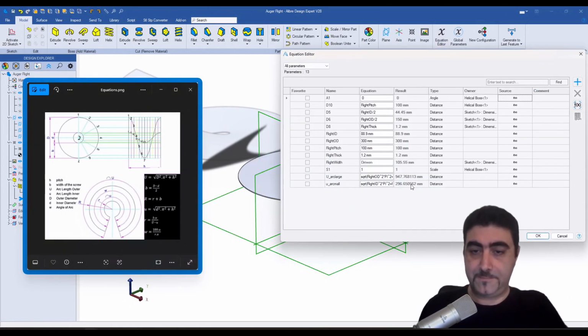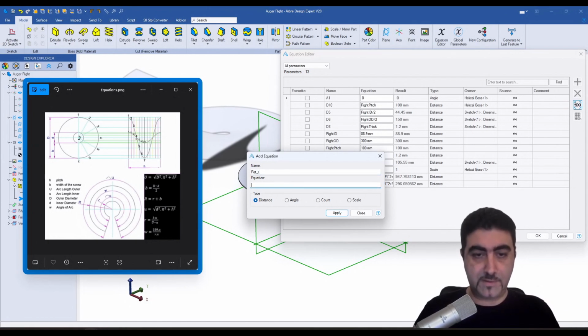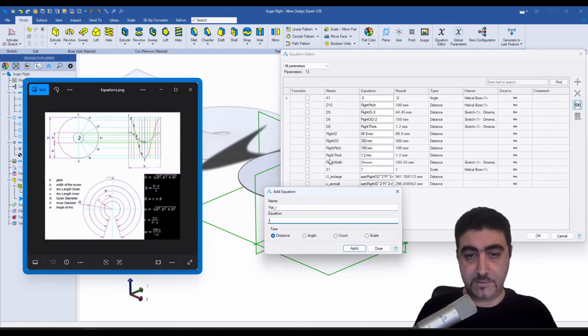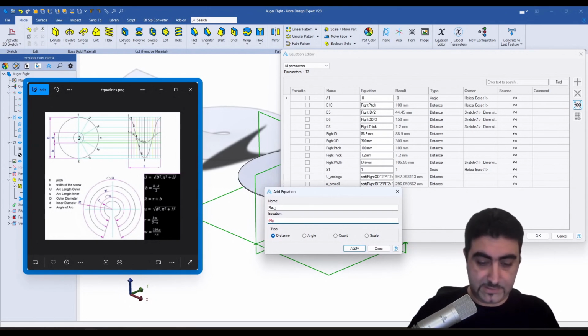So let's do that. So flat r is the width, right? So we're starting a parenthesis here. The width is that driven dimension we have, which is here, flight width. Okay, let's get that. Flight width. Minus the small arc length.